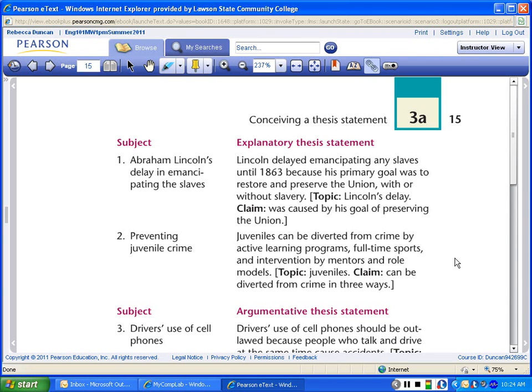Now, this is not a statement of fact, and that's something else that our patterns book says, that a thesis statement should not be just a statement of fact. The statement of fact would be Lincoln delayed the emancipating of slaves until 1863, period. Well, of course, we all know that. There's no insight to that. There is some debate, some discussion as to why he did that. What was his purpose?